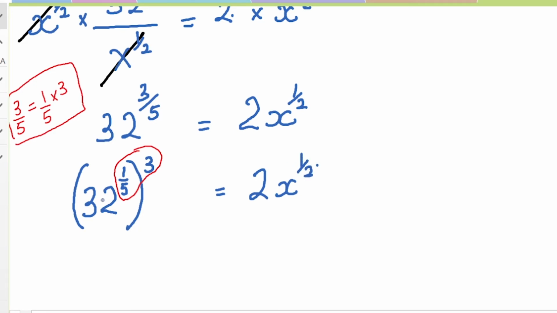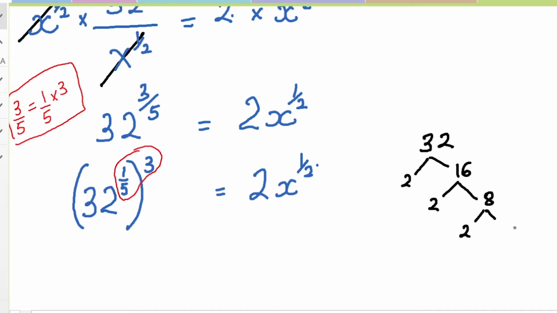So now, 32 to the power 1/5 means I'm going to find the fifth root of 32. To find the fifth root of 32, let me do some side work here. 32, if I divide that by 2, I'm going to end up with 16. By 2, I'll end up with 8.